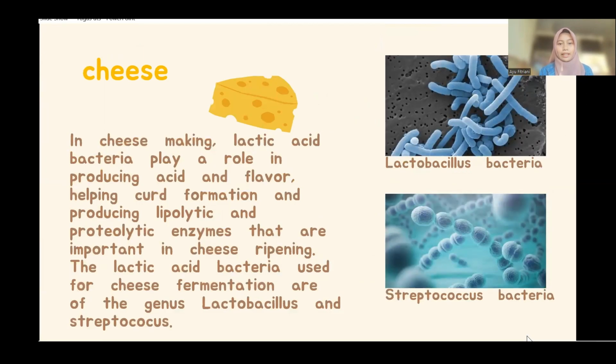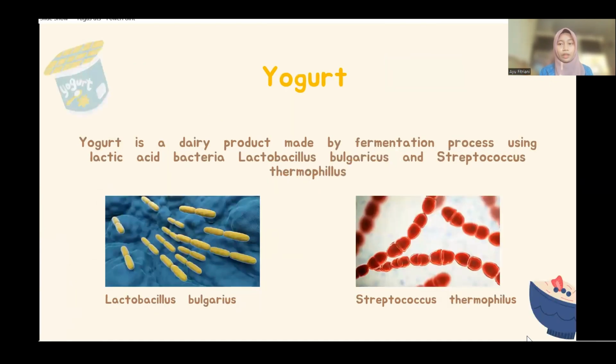In cheese making, lactic acid bacteria play a role in producing acid and flavor, helping curd formation and producing lipolytic and proteolytic enzymes that are important in cheese ripening. The lactic acid bacteria used for cheese fermentation are of the genus Lactobacillus and Streptococcus.